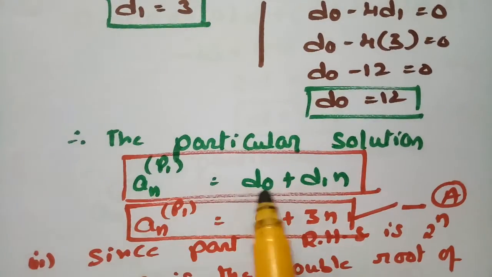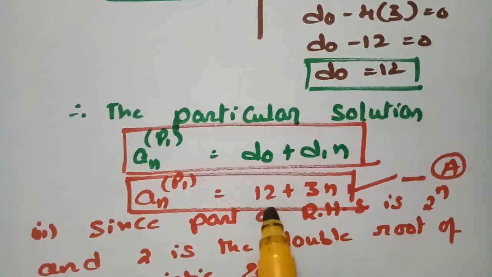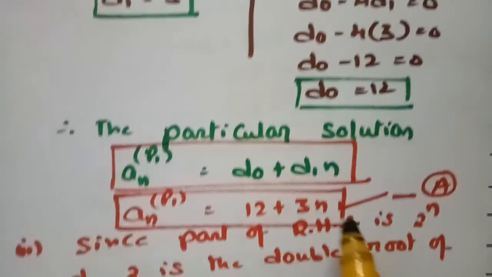The first particular solution will be d0 plus d1n, where d0 value is 12 and d1 value is 3.